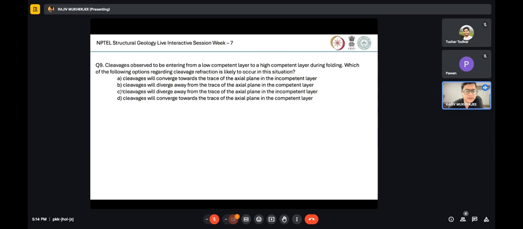Option B, cleavages will diverge away from the trace of the axial plane in the competent layer. Option C, cleavages will diverge away from the trace of the axial plane in the incompetent layer. And option D, cleavages will converge towards the trace of the axial plane in the competent layer.